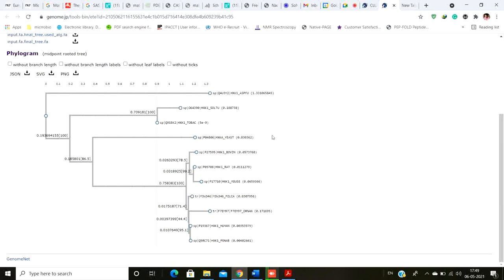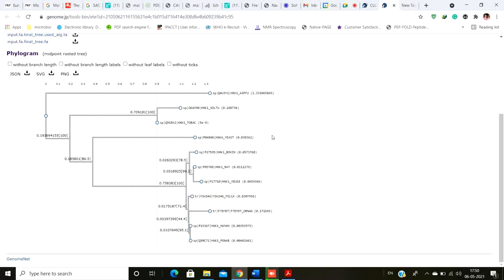Okay. Now one important thing that you need to do whenever you are developing an evolutionary tree is to make sure you have at least 10 different kinds of sequences, because the more sequences you have, the better it is to analyze, and the more authentic that particular evolutionary tree becomes. If you use only 2 or 3 sequences, then the evolutionary tree that you gather is not going to have much use.